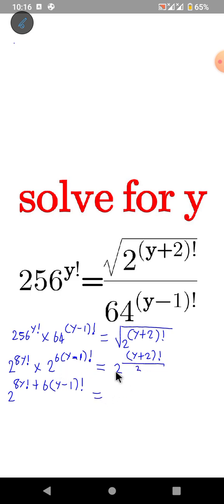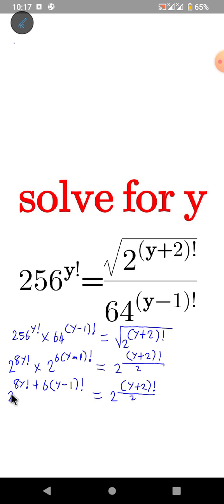Now we'll write this again. So here will be 2 raised to the power of y plus 2 factorial all over 2. Then we continue.